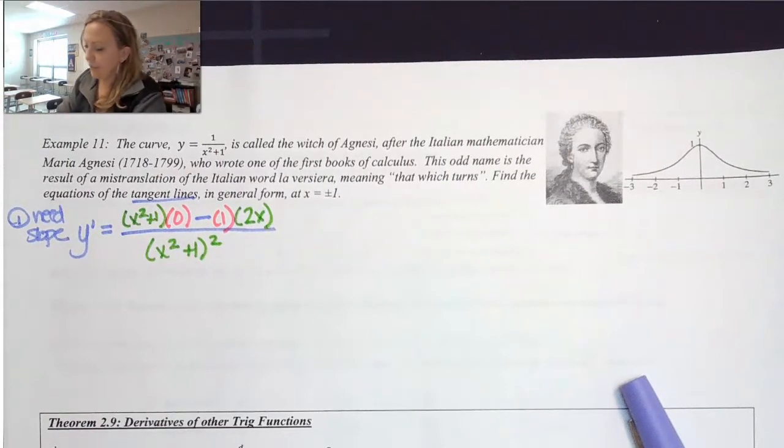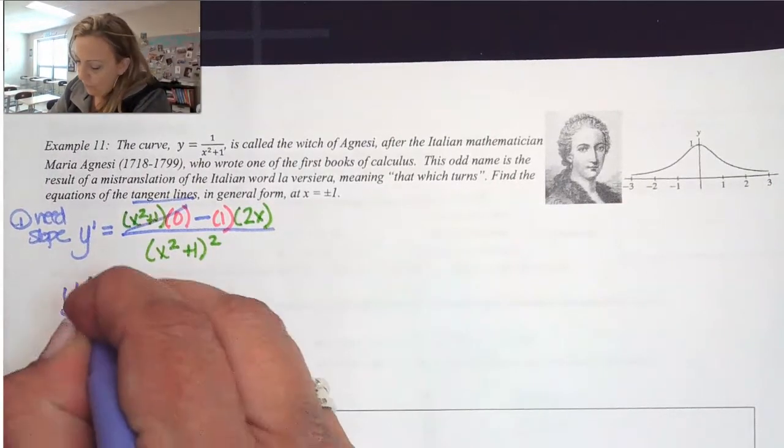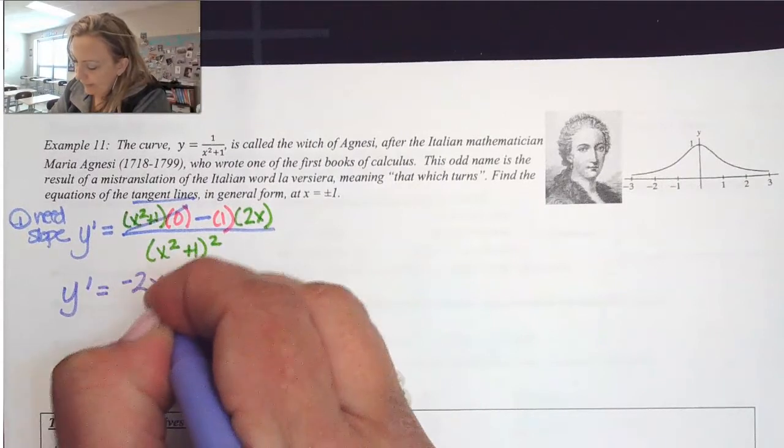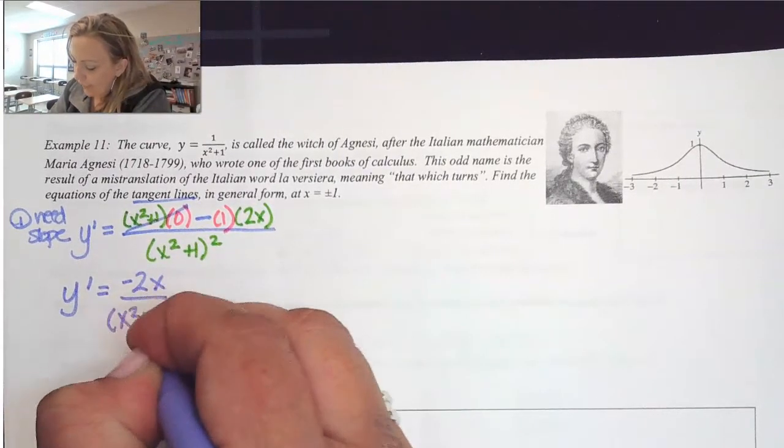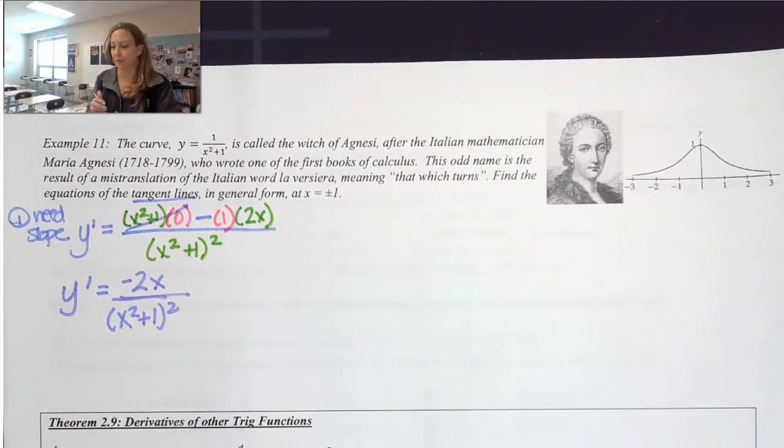Okay, so I can see that this term totally cancels out, and that y prime is going to be negative 2x over x squared plus 1, that quantity squared. Okay, so that's my slope.